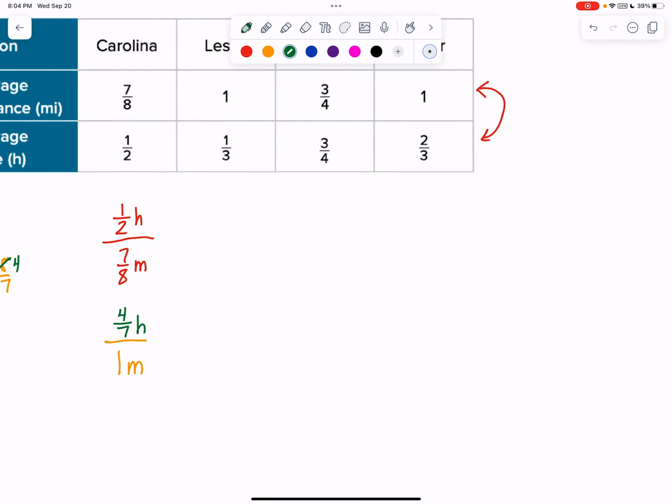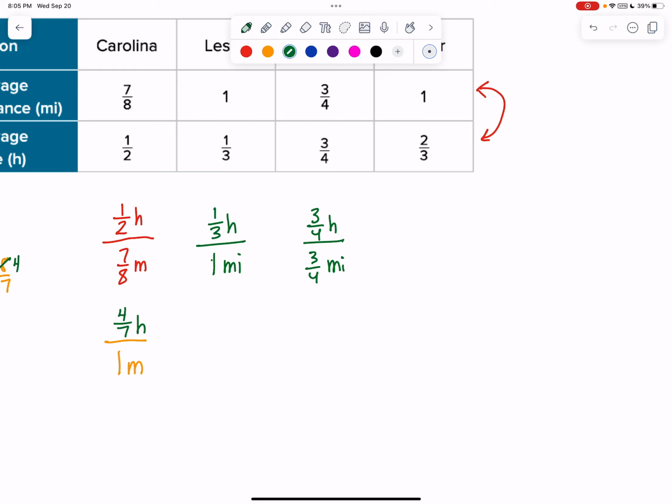So let's check the next person. Oh, look how nice this is. 1/3 hours per 1 mile. It's already set up as a unit rate. We don't even have to do anything that way. So that sort of works out nice. All right, and then this one, look how nice this is. 3/4 hours per 3/4 miles.